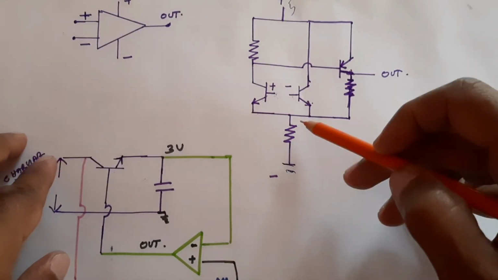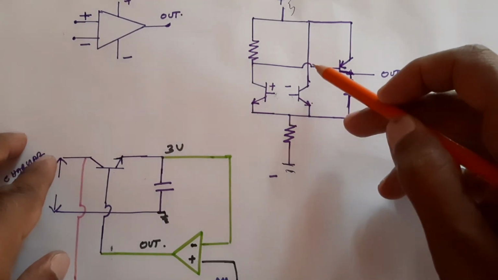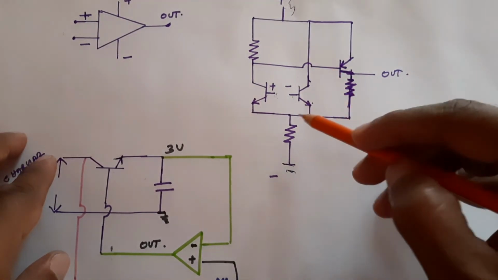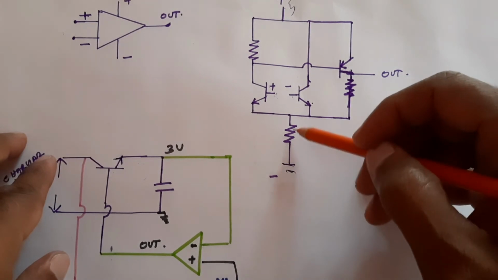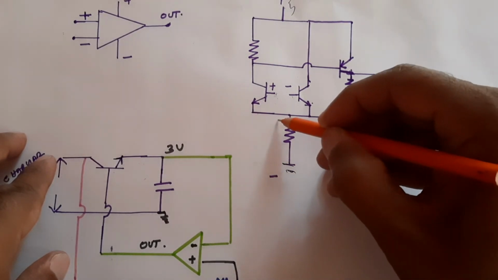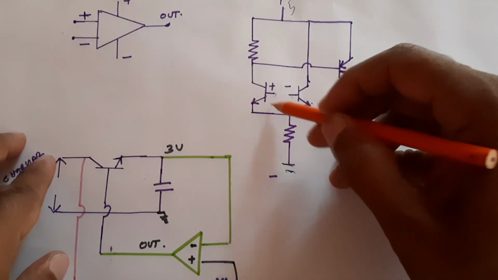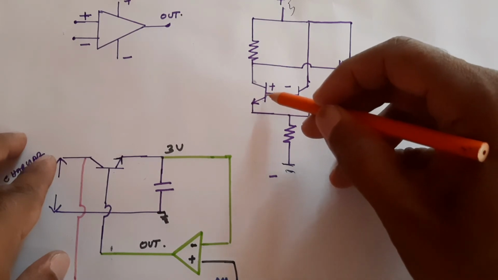One path is this and one path is that, and the electrons flow through this path also. This means the voltage across it is increased, so the voltage at this point becomes more positive.